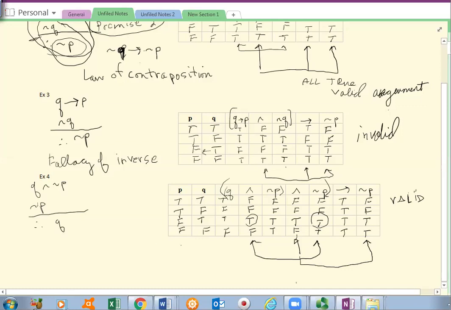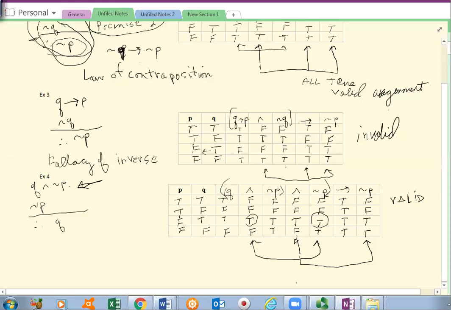It wasn't obvious at first, but you can kind of argue it without all this work here. If you look at the original statement, if we're to assume that this is true, if Q and not P, the only way it could be true is if both of these were true.